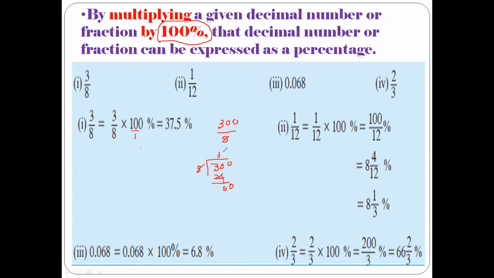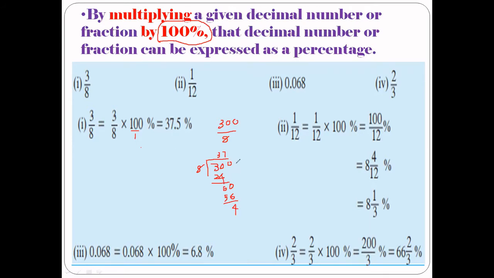Then 8 into 7, 56. 60 minus 56 is 4. Okay.